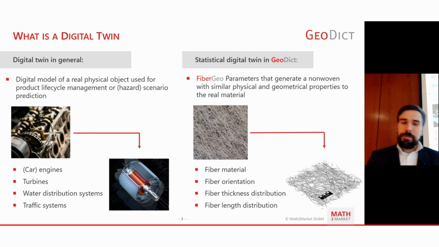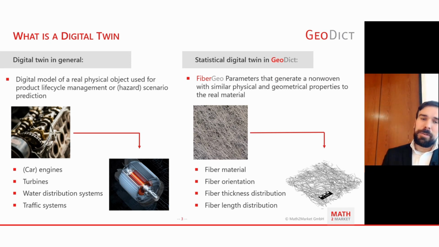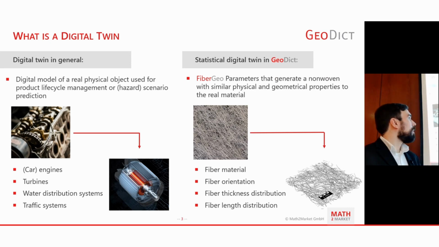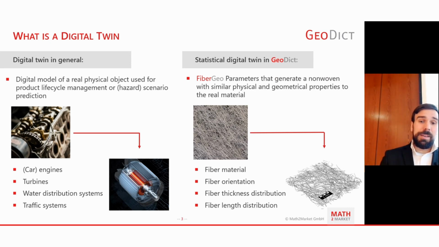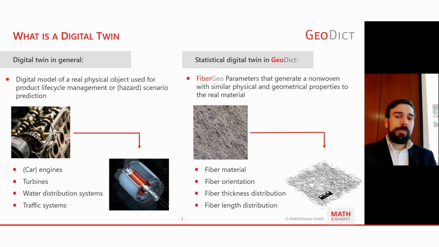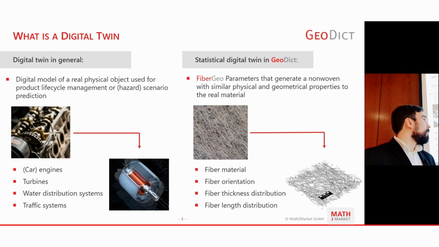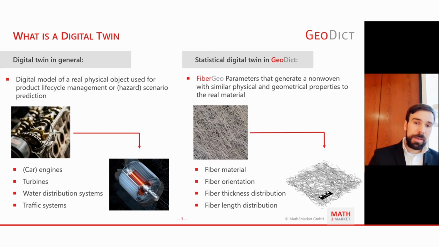When we talk about material science, things are a bit different because we don't really care about the fibers in one sample. So if we have a nonwoven, like in this example here, you don't really have a benefit of tracking if the fiber is moved like 1 micron to the left or to the right. But what we instead want to know is what are the statistical properties of this material that describe the geometry.